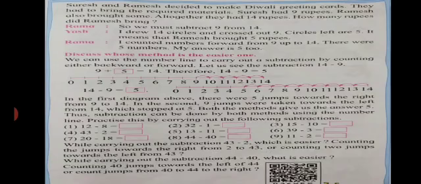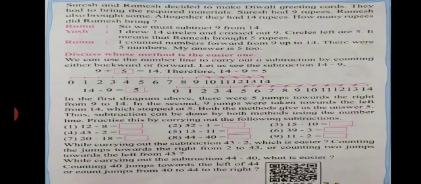In the first diagram above, there were 5 jumps toward the right from 9 to 14. In the second, 9 jumps were taken towards the left from 14, which stopped at 5.